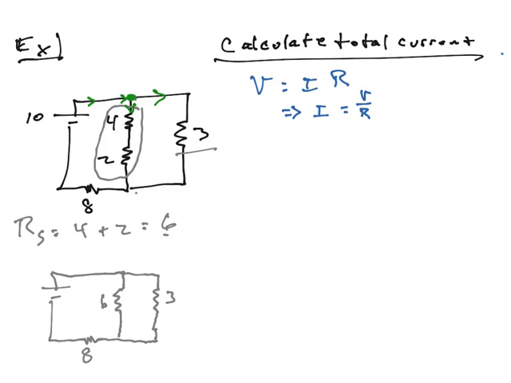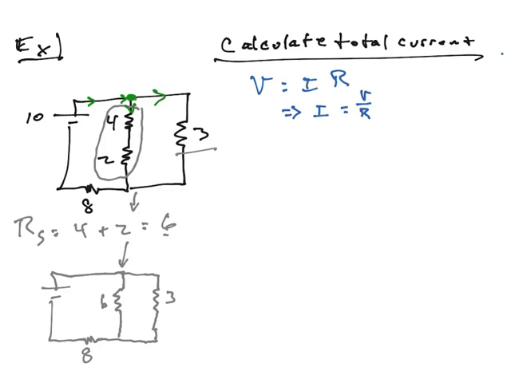Okay, so we went from this circuit, calculated 4 and 2 in series, and created that circuit out of it. Now what can we do? Well, now I can look at the 6 and the 3 are parallel. And we've seen this before.